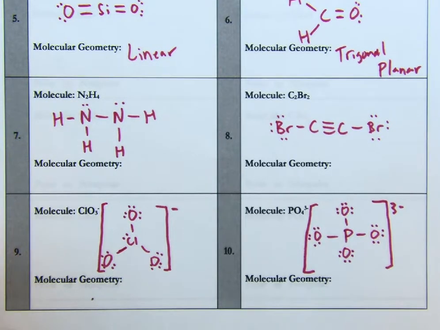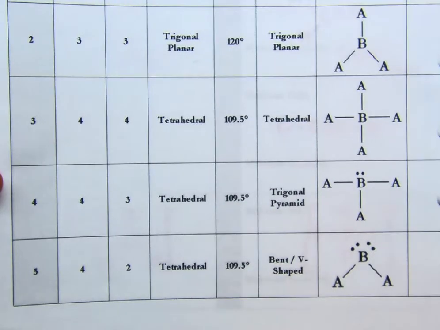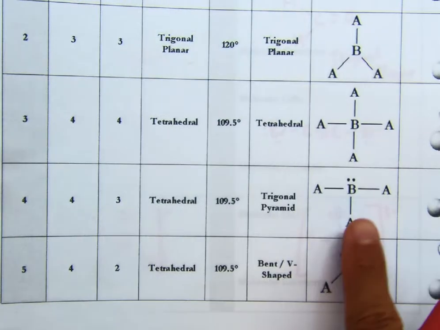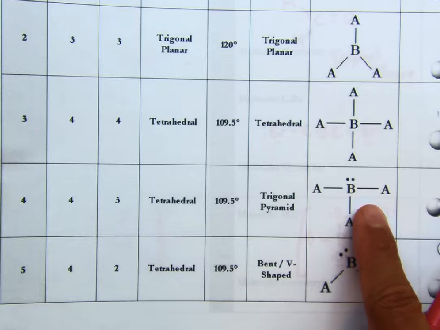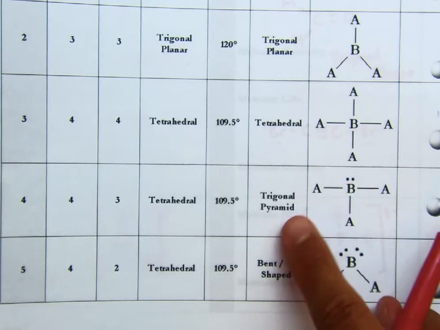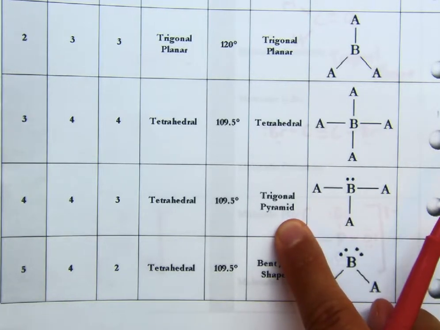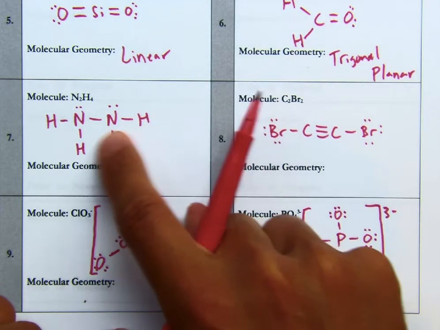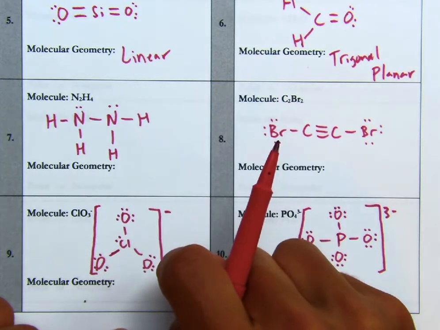And of those 4 domains, 3 are bonding. So looking on our chart, 4 domains with 3 bonds looks like this, right? And our nitrogen does look like that. It has 3 bonds with a lone pair. That's called trigonal pyramid. And if we look at the one right next to it, it has the exact same arrangement. 1, 2, 3, 4 domains with 3 bonds.